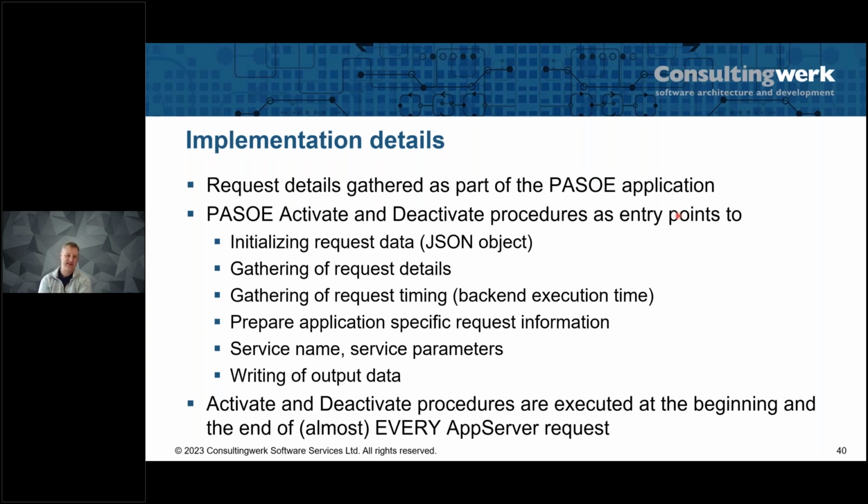We can get some other information at the start. In the deactivate, obviously, we can tell how long the request took. If we measure when we started the request in the activate, we can figure out how long it took in the deactivate. So that's useful for really generic stuff. And we don't have to change any of our application code, any of our service interfaces or anything. We can just gather that information.